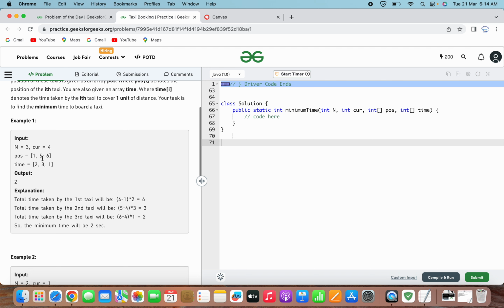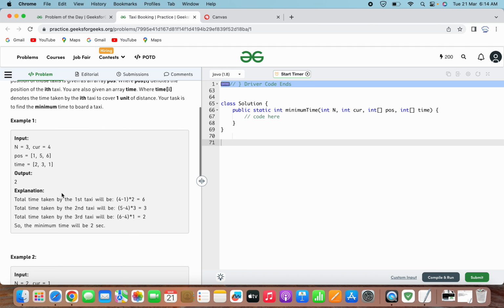This means for the first taxi to cover 1 unit of distance it takes 2 units. For the second taxi which is at position 5 to cover 1 unit it takes 3 units, and for the taxi which is at position 6 to cover 1 unit of distance it takes 1 unit of time. So here it is said the output is 2.